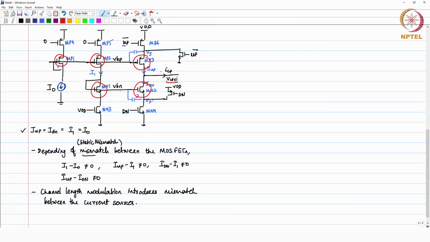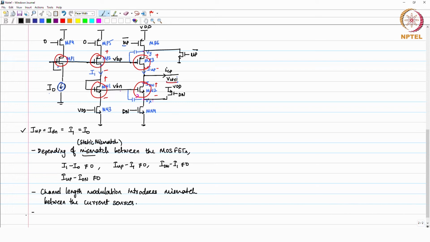If V control varies, then you see that the VSD of the PMOS and the VDS of the NMOS here are different. So, if your drain to source potential for NMOS or source to drain potential for your PMOS differ, then they cannot have the same current. So, this is another mismatch which you will see between these current sources.